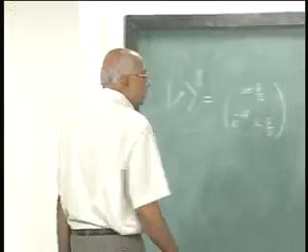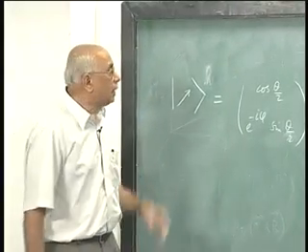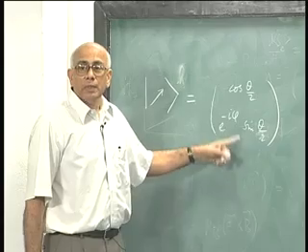So you agree that if you give me any arbitrary ket a b such that mod a squared plus mod b squared is 1, I could interpret that ket as the eigenstate of S dot n with an appropriate n. The polar angles of n are given by the a's and b's in this fashion.